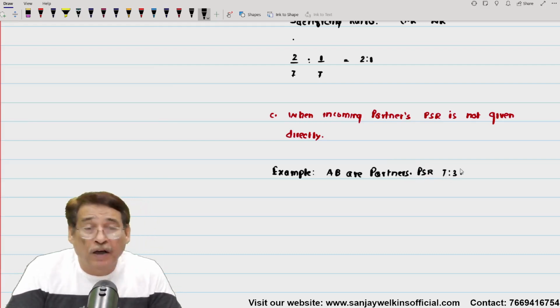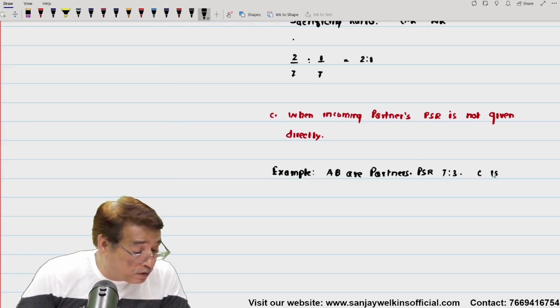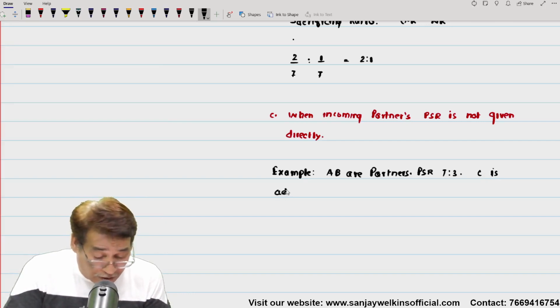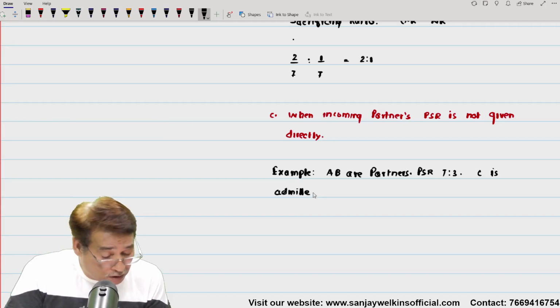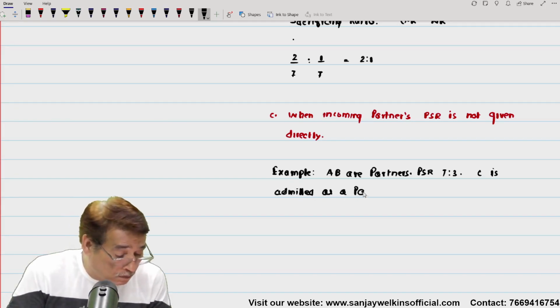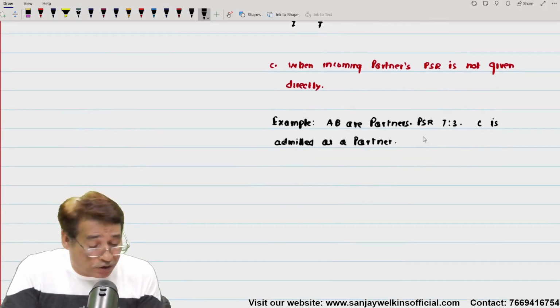Once again, correct? It is given that C is admitted as a partner. Now, C's profit sharing ratio is not given in this question, correct?